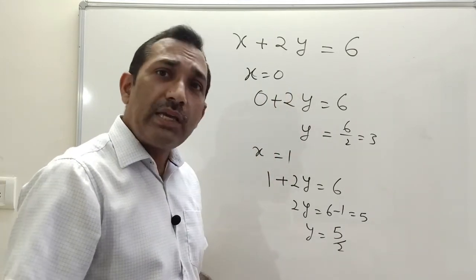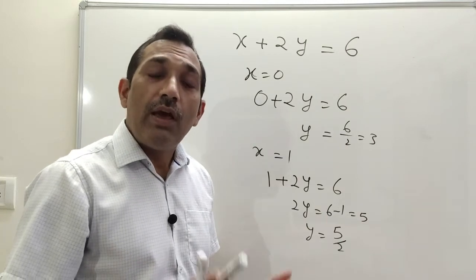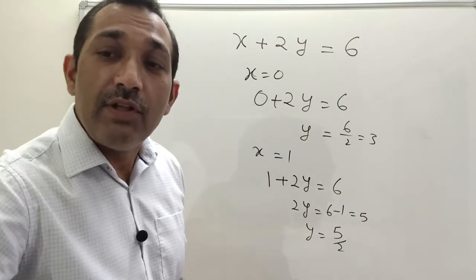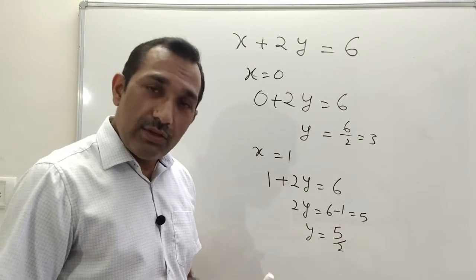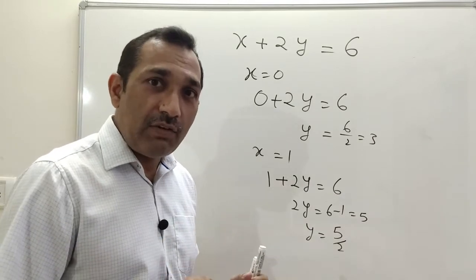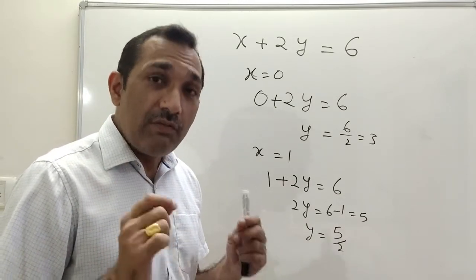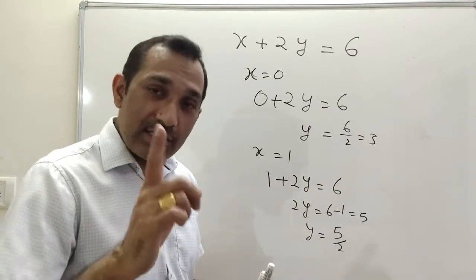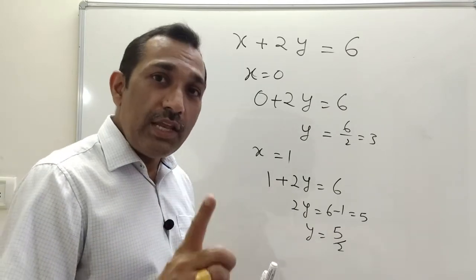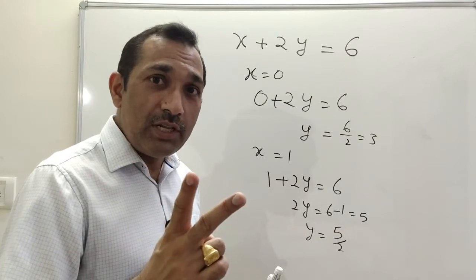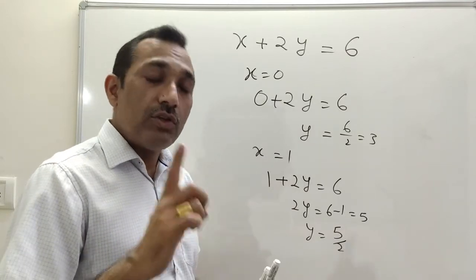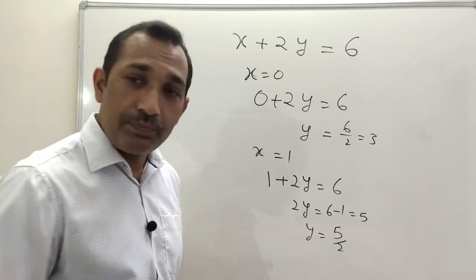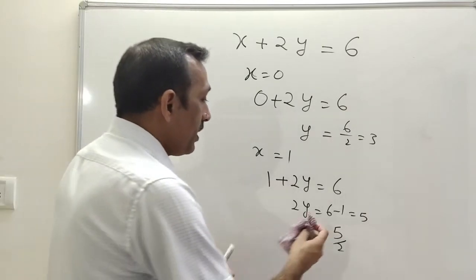That means I can have n number of values for x, that means I can have infinite values. That means a linear equation with two variables will have infinite solutions. Right? Important point to remember.